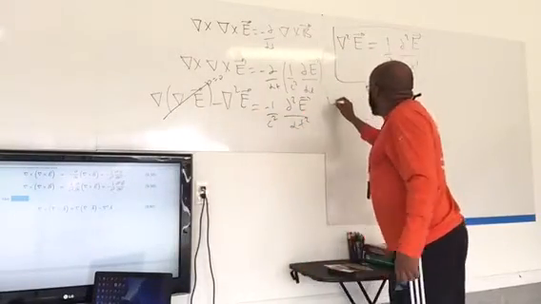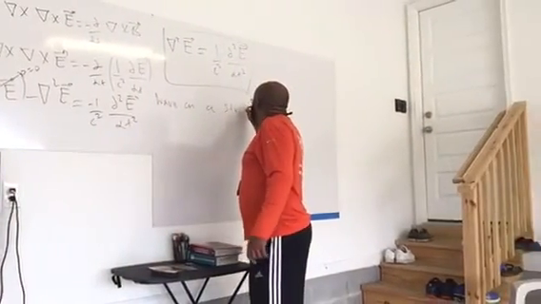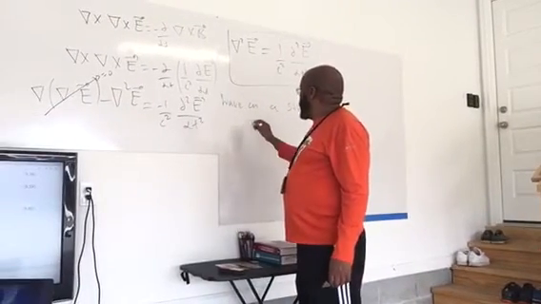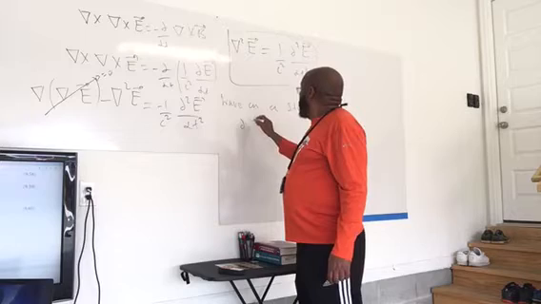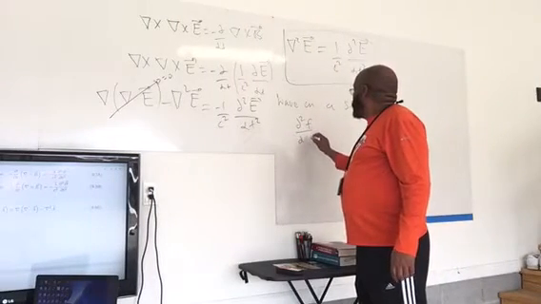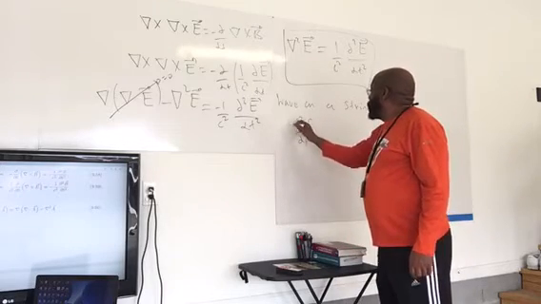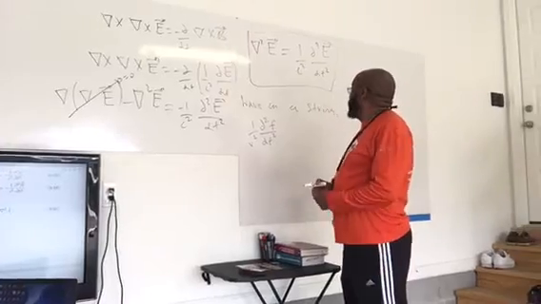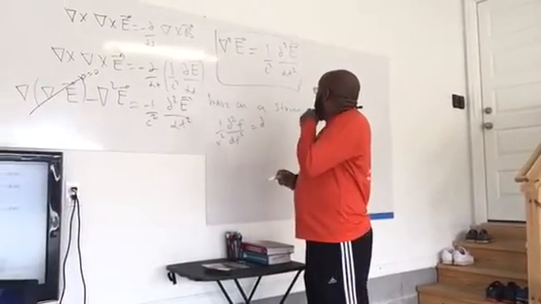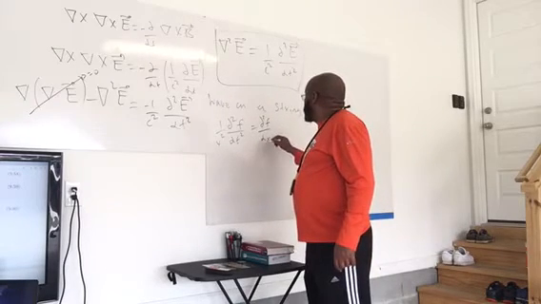We saw that it's given by d squared f by dt squared times 1 over v squared is equal to d squared f by dx squared.